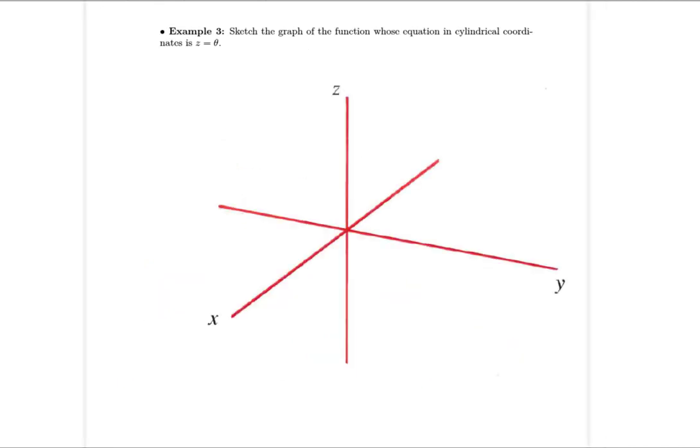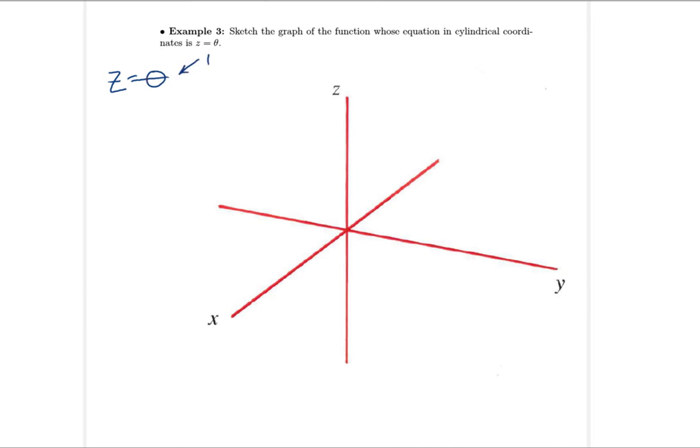All right. So now let's talk about actually making some graphs. So what it wants us to do here is sketch the graph of the function whose equation in cylindrical coordinates is z equals theta. Okay, so z equals theta. Here's another one of those situations where we have a formula and one of the variable types is missing.